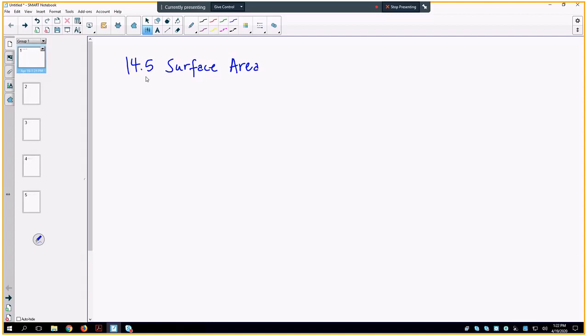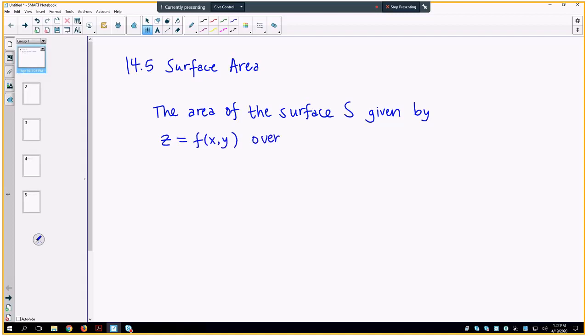Then we get to say the area of the surface S given by our function over the region R. So continuous function with continuous first partial derivatives, a closed region R in the xy plane.